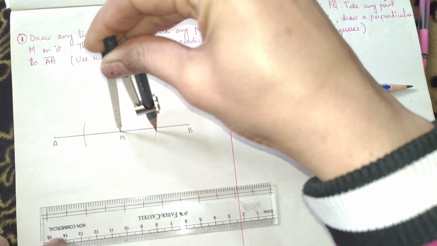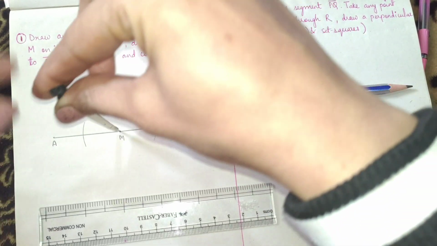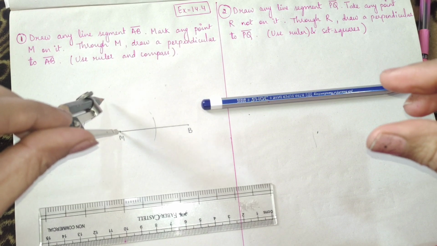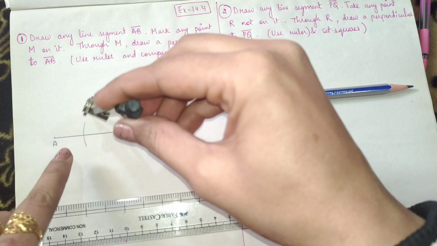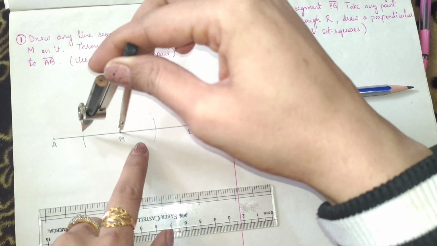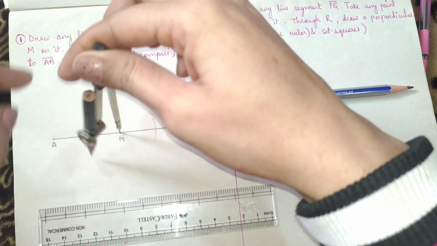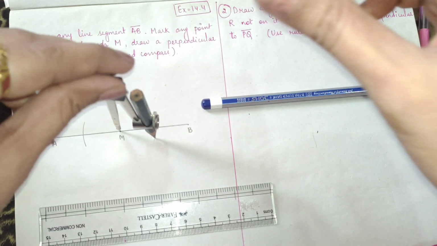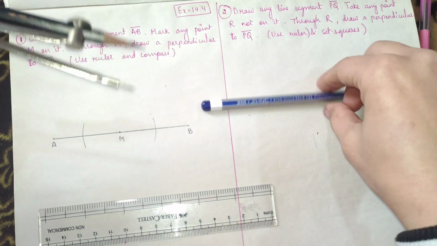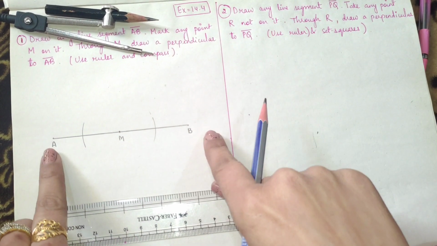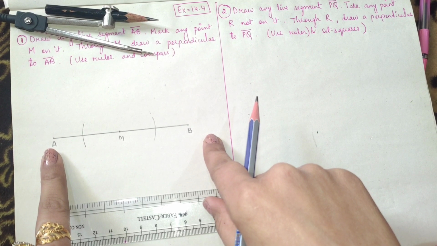If you want, you can draw a full semicircle, but since we only need these 2 points, I've just drawn the arcs which intersect the line segment AB. That's the first part. First, we have drawn a line segment AB.